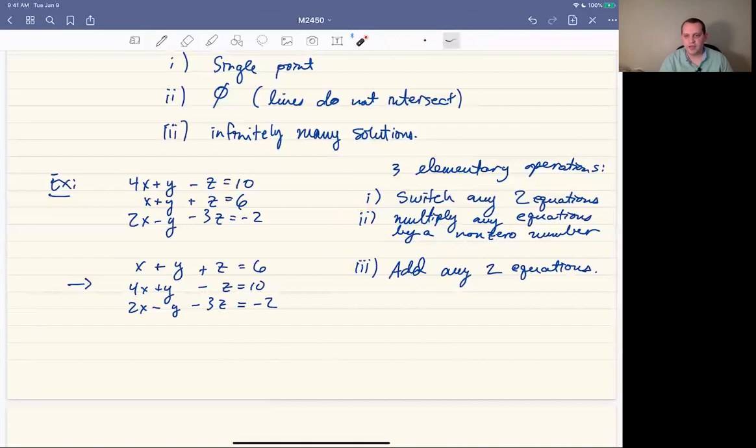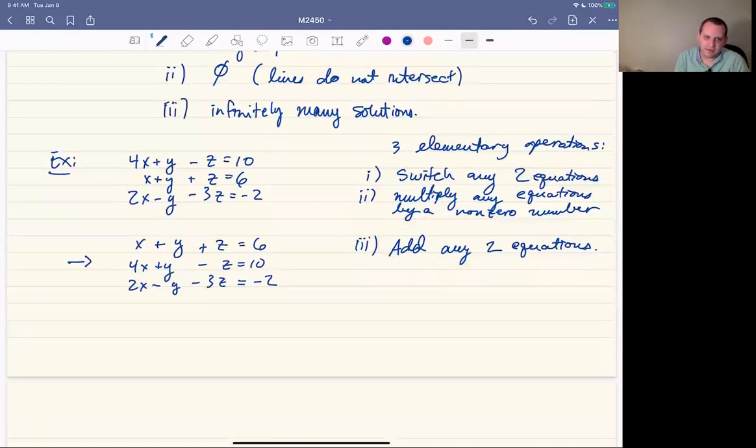If I multiply any row or any equation by a non-zero number, I can also add it to the second equation. So another way to say this is that I can add any multiple of any equation to any other equation. That's what we're going to do.